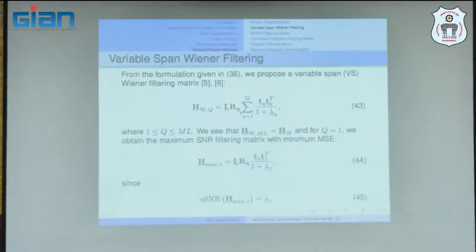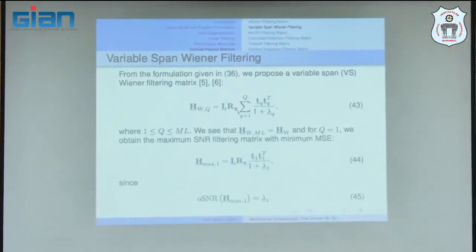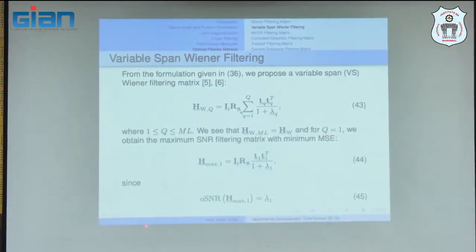Okay, so it's a nice way. If we take only one component, the first component, Q equals 1, we actually keep only the one with the highest signal-to-noise ratio. So this filtering matrix will maximize the output signal-to-noise ratio.